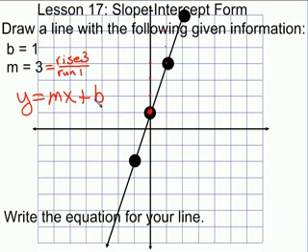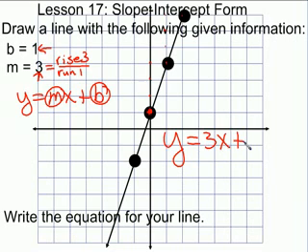So we know that m is 3, and we know that b is 1. So I rewrite my equation as y equals, instead of m I put 3x plus, and instead of b I put 1. Y equals 3x plus 1 is the equation of this line.